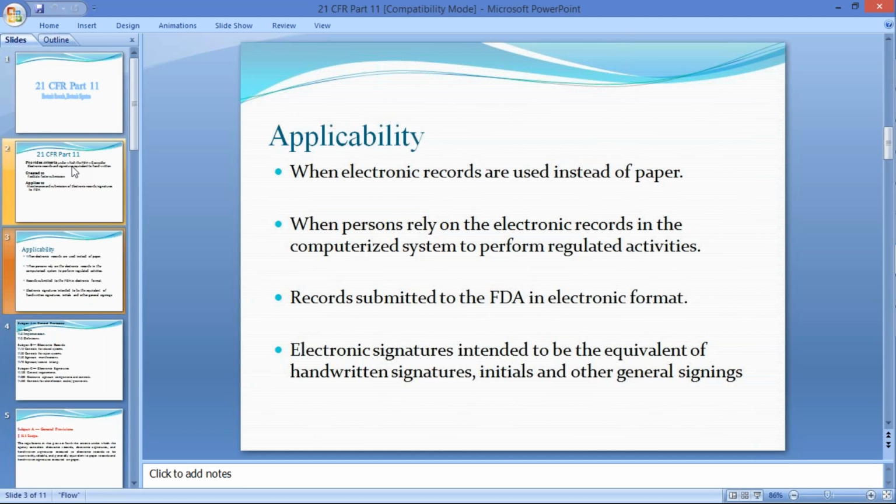Electronic signatures are intended to be equivalent to handwritten signatures, including initials and general signings also.